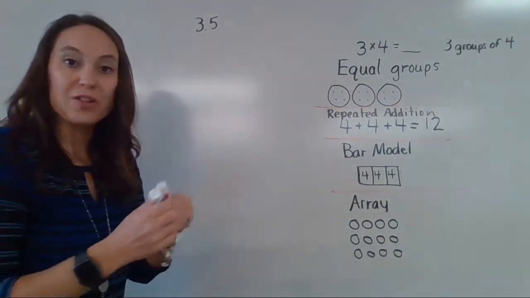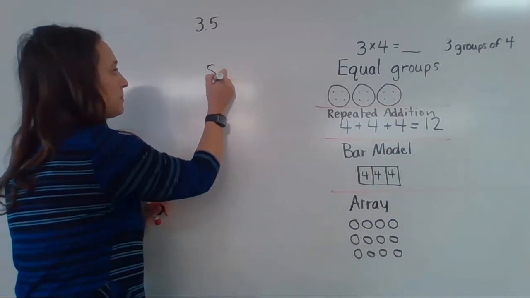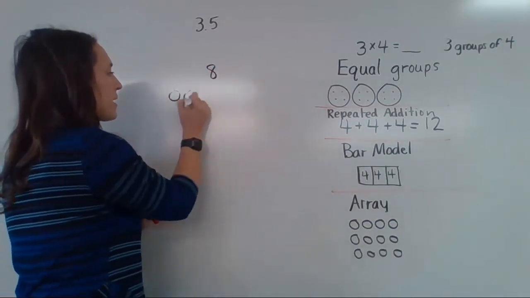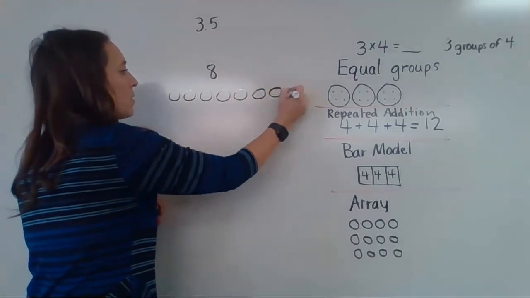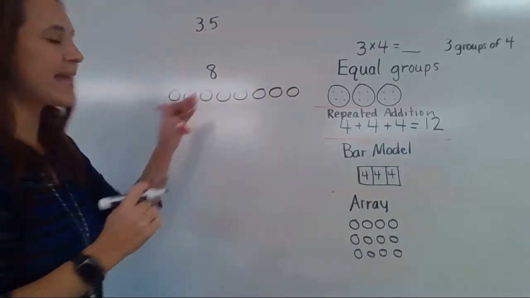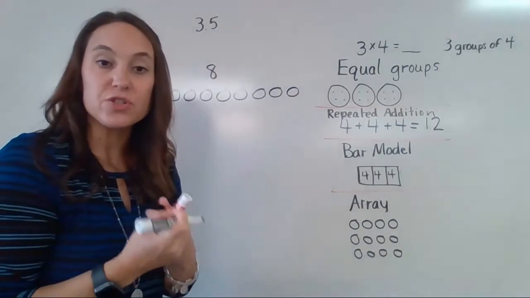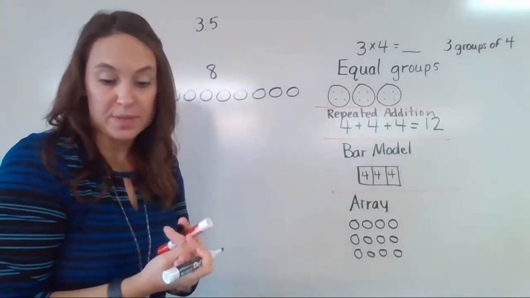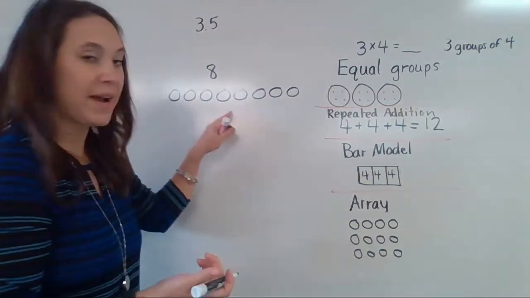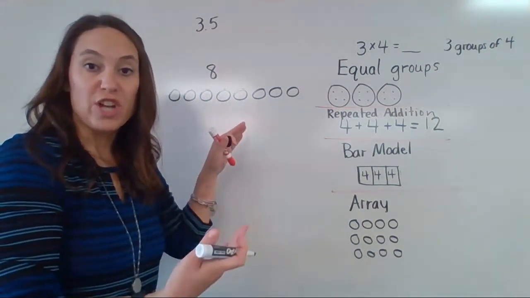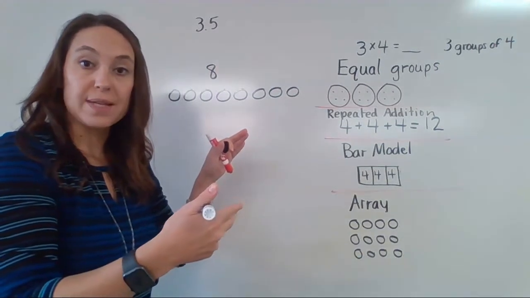So now we're going to go on to 8. I only have 8 tiles. So I can make them circles or squares. Okay, so I have 8 tiles, and I'm going to think, how could I divide 8 up into different equal groups? So I'm thinking of skip counting, and I know that if I skip count by 2s, I would reach 8. 2, 4, 6, 8.